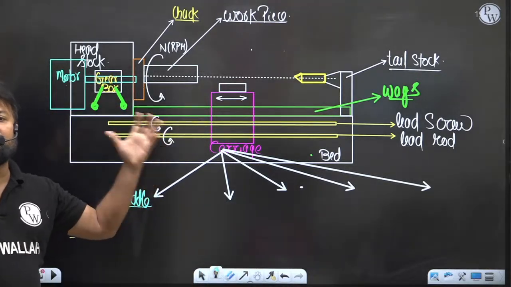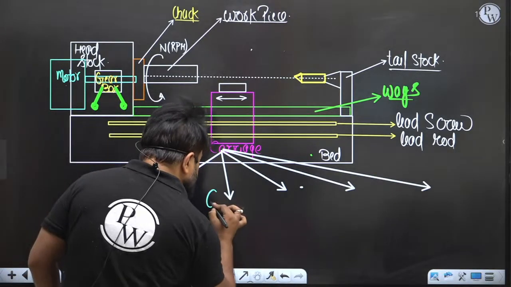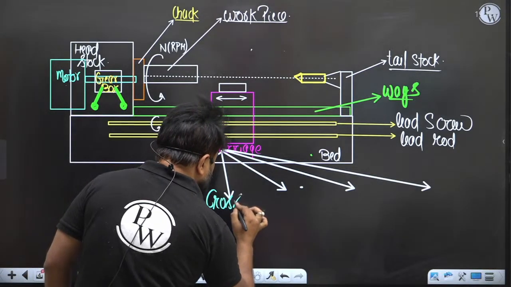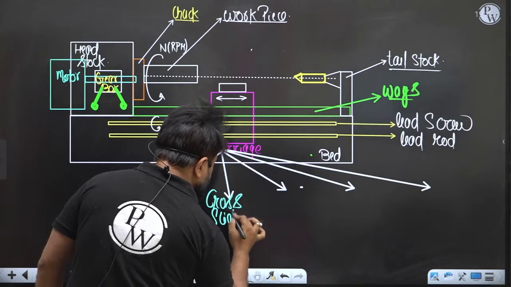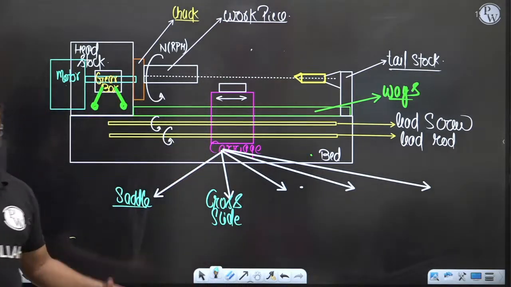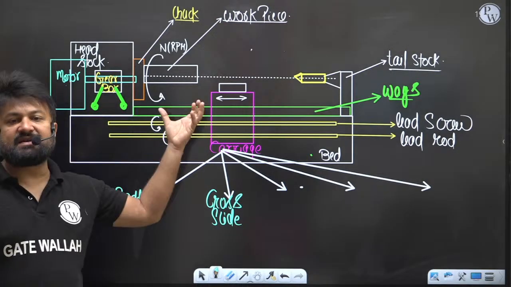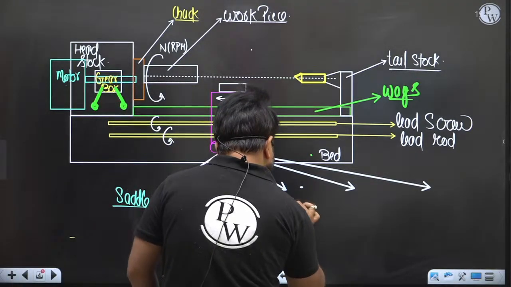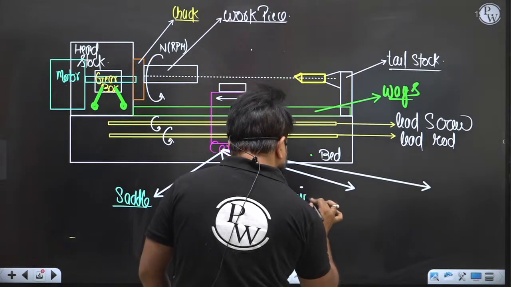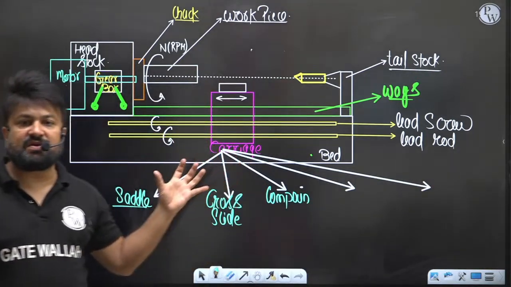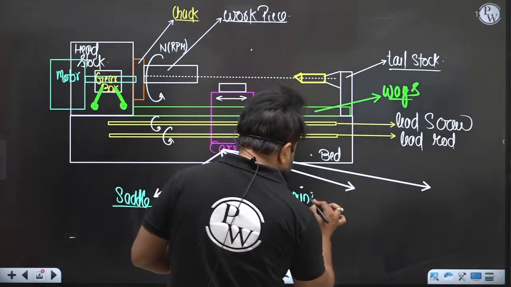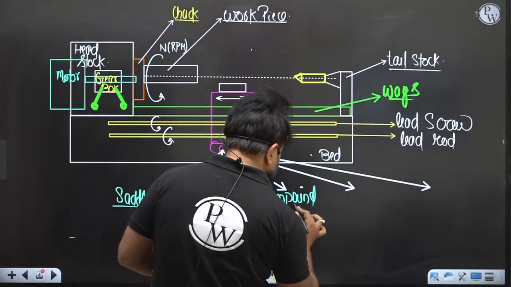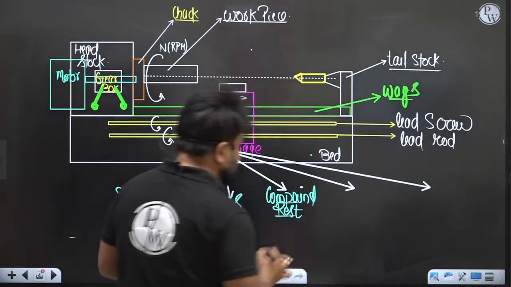Carriage consists of cross slide. Carriage consists of compound rest.